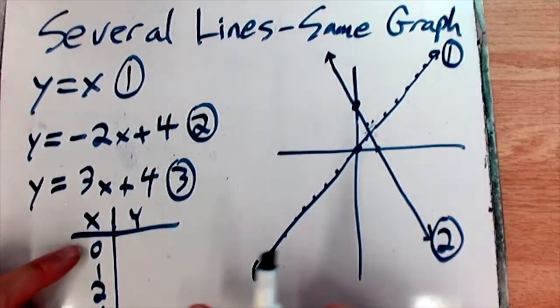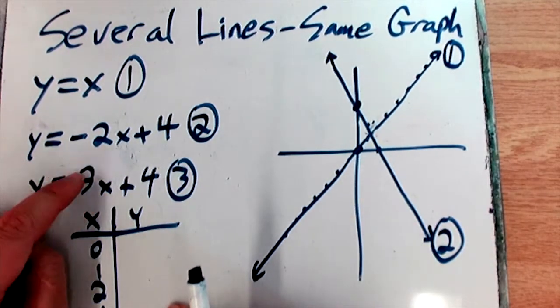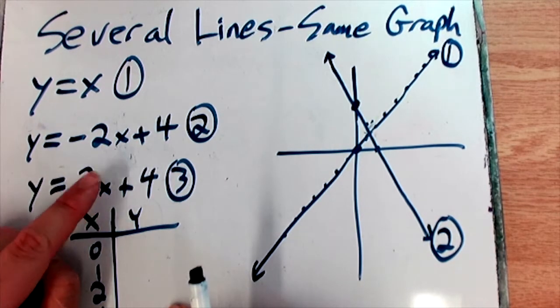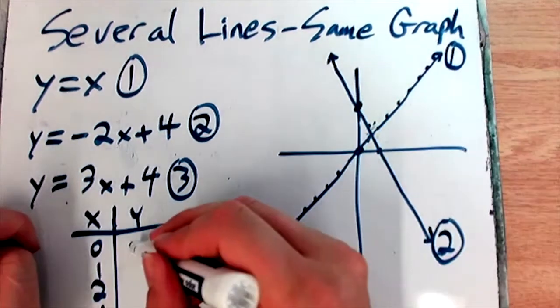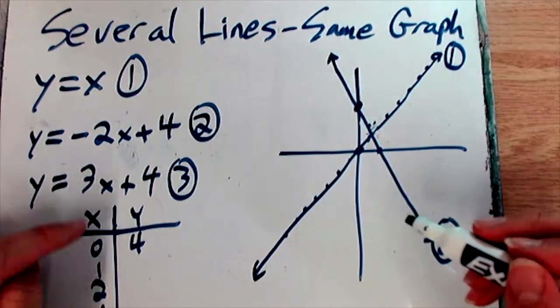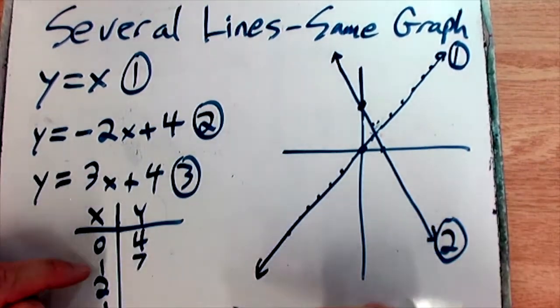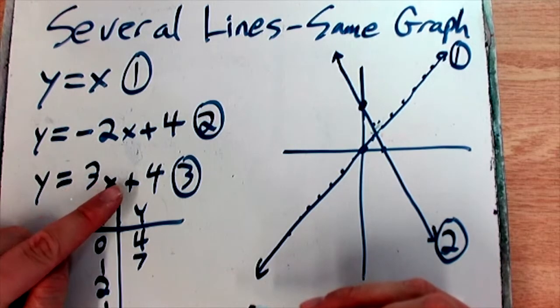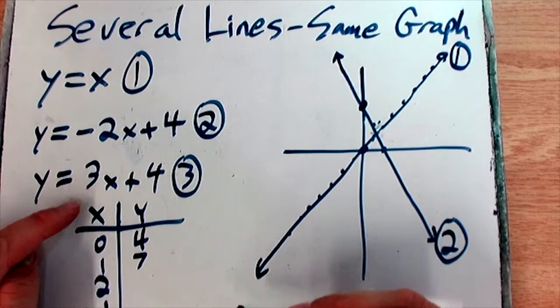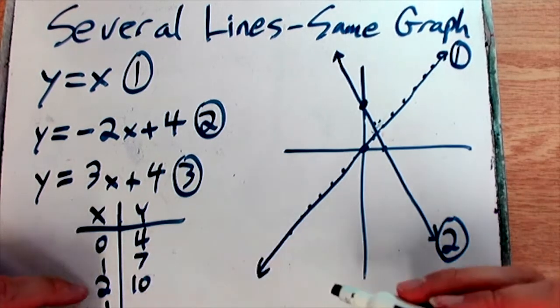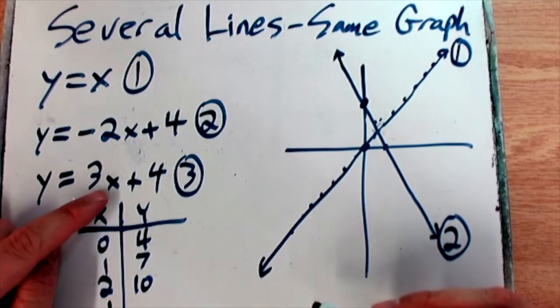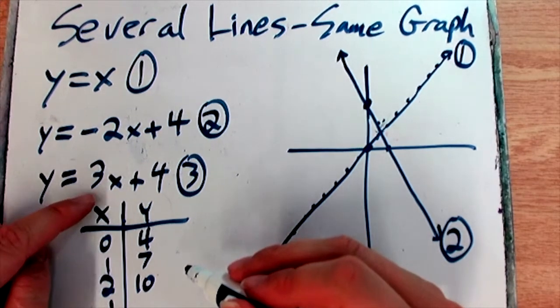And so if I plug this in here, 0, 3 times 0 becomes 0, and then 0 plus 4 is 4. So I got 4 here. When that's 1, this becomes 7. 1 times 3 plus 4 is 7. 2 times 3 is 6, plus 4 is 10. And then -1 is -1 times 3.